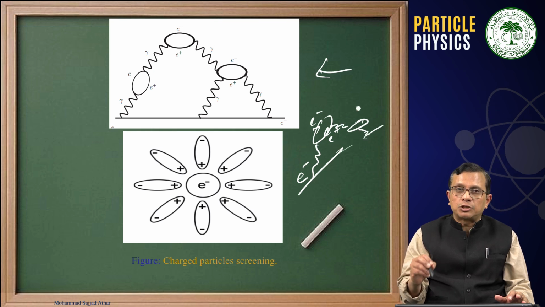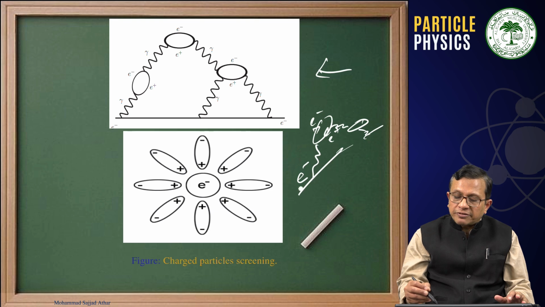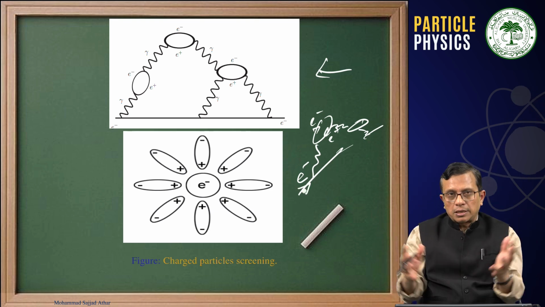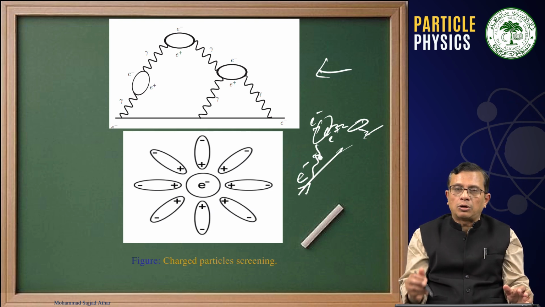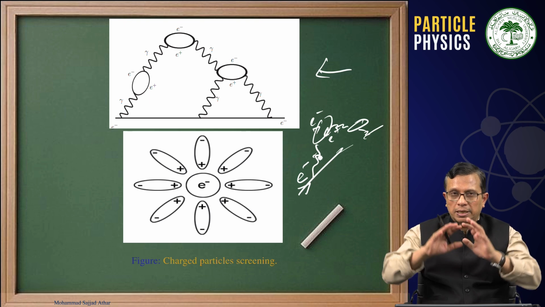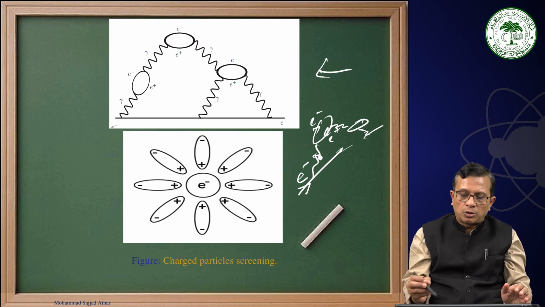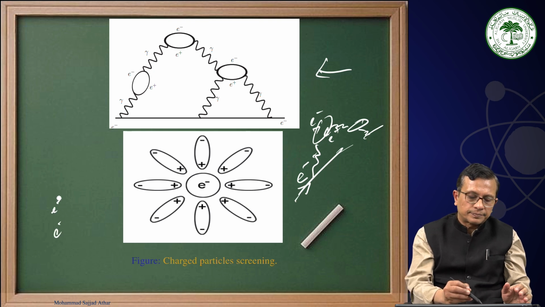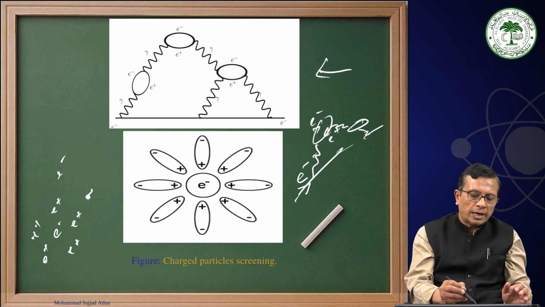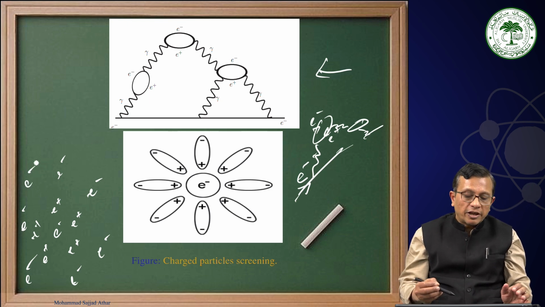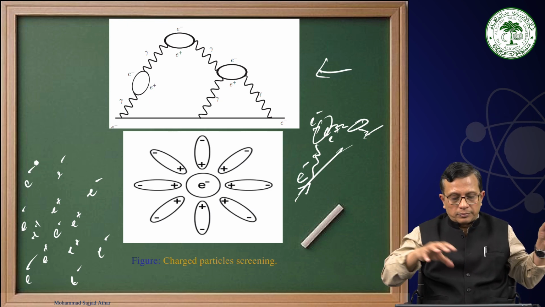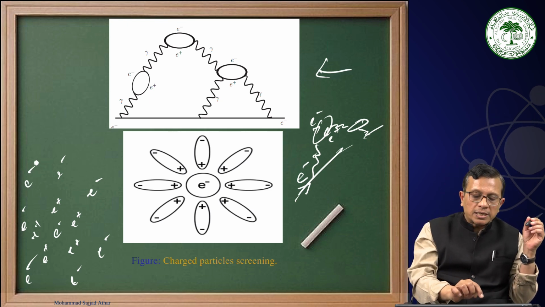Therefore, what happens actually is that this physical electron is surrounded by the positrons, because these are the oppositely charged particles. There are electrons at larger distances because you have electron-positron pairs all the time. Therefore, if you are far away from this region, then what is happening?